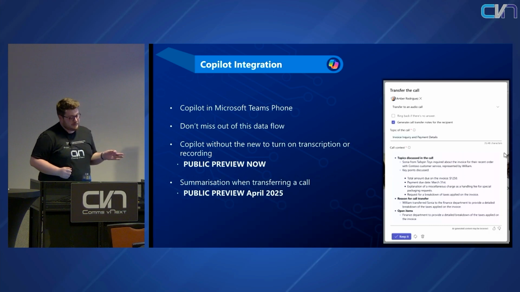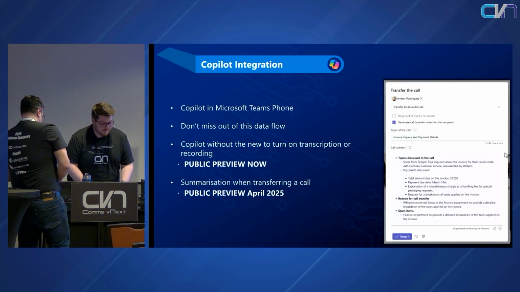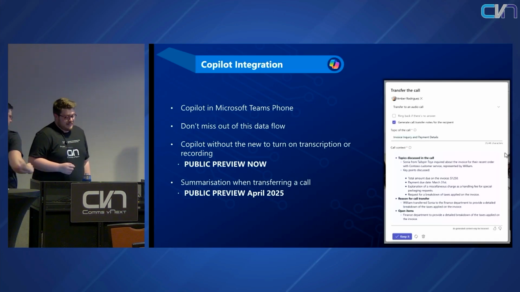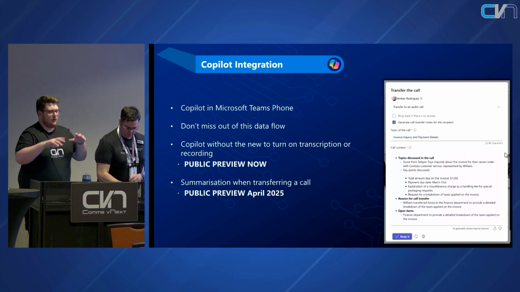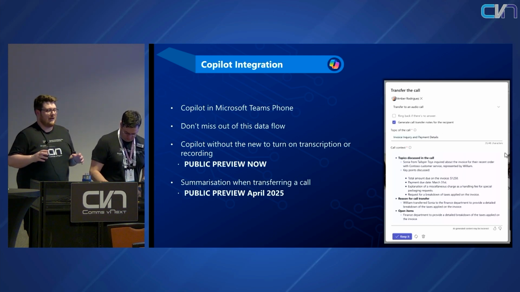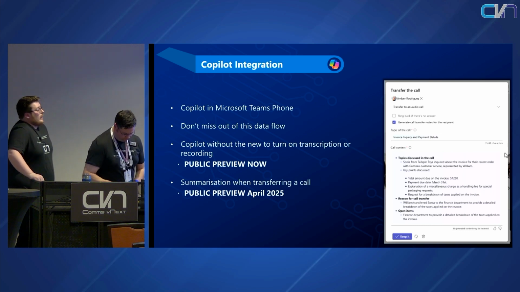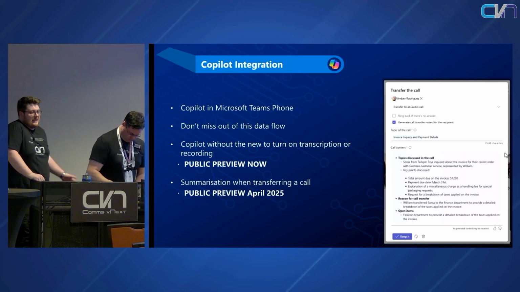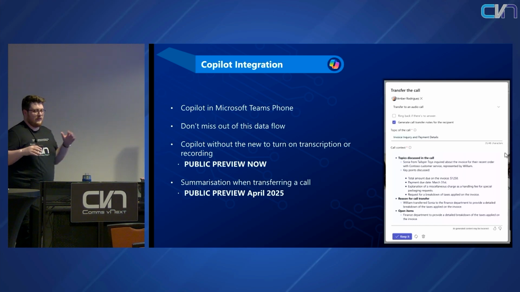Copilot is in Microsoft Teams Phone, and one thing that's important to understand around Copilot is, if you're using Copilot, you're probably taking data flows from emails or other things that you're talking through with your customer.